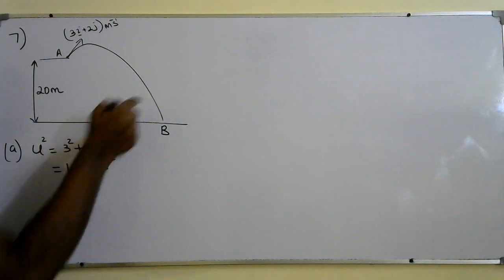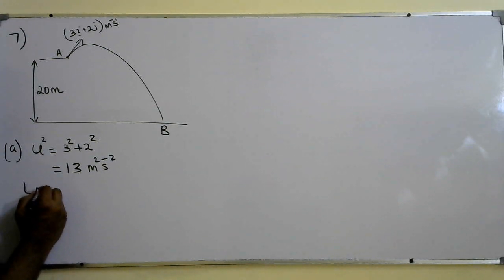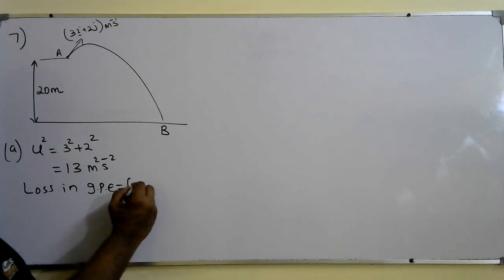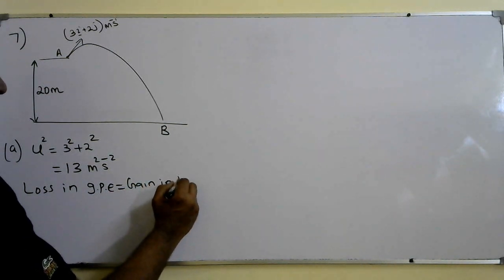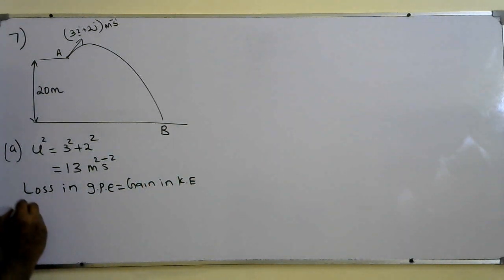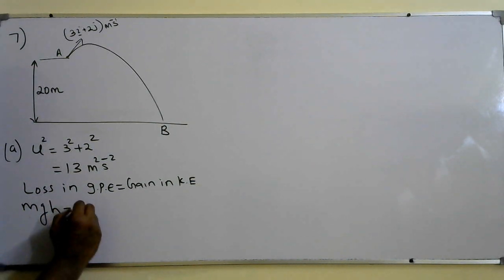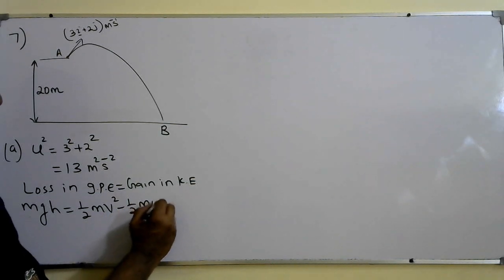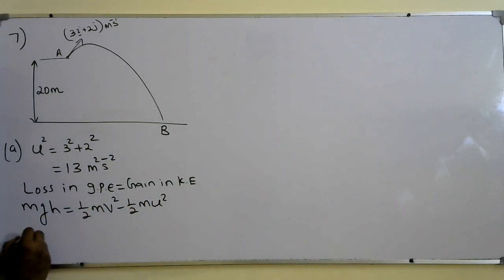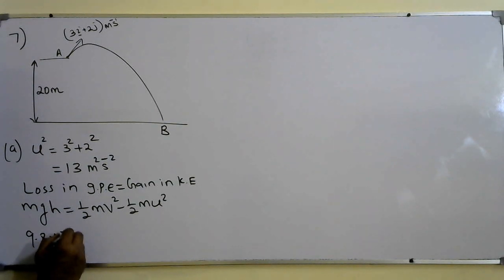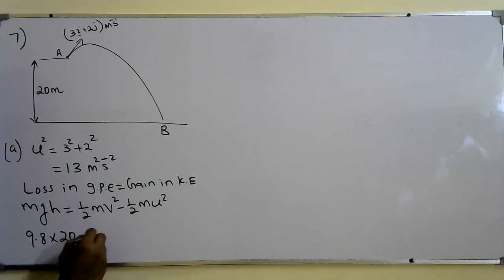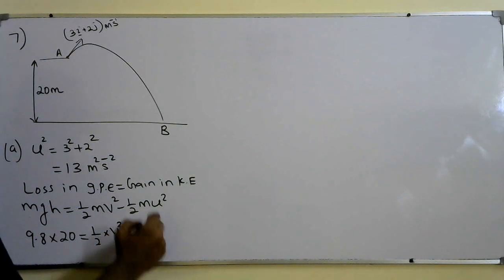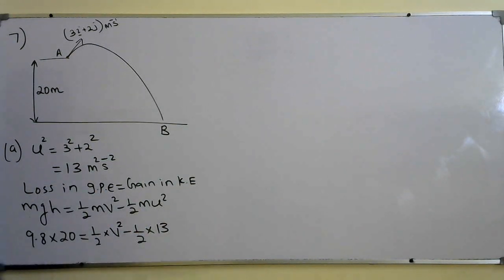Loss in GP, mgh, equals half m v squared minus half m u squared. All the m will get cancelled. 9.8 into h, which is 20, since it's moving down by 20 meters. Half into v squared is the unknown, minus half into u squared, which is 13.